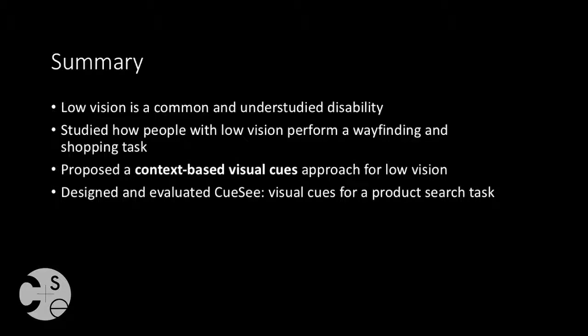I discussed a study that we did to understand people with low vision's patterns and challenges when performing the daily activity of finding a store and finding a product. And then I presented our new approach to low vision accessibility using context-based visual cues to help people perform specific tasks. And I presented QC, one application for a head-mounted display that followed this new approach and significantly helped people find products on a grocery store shelf.